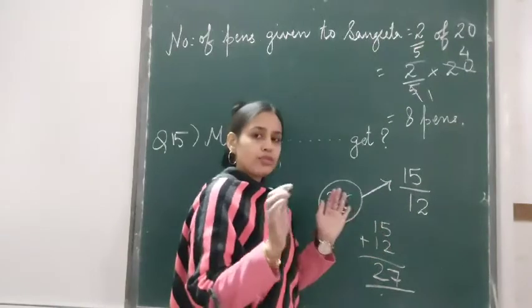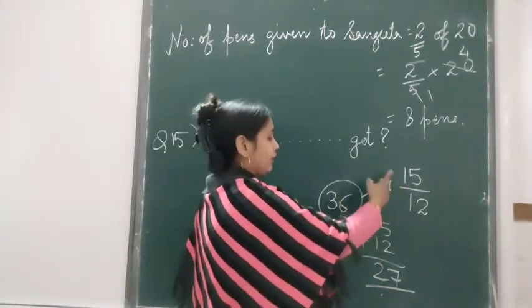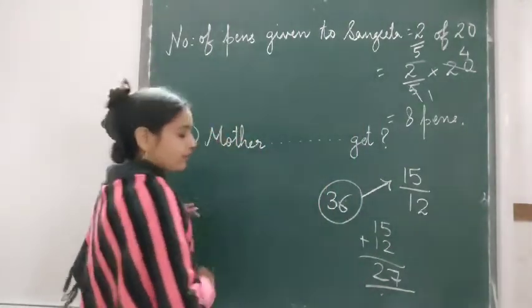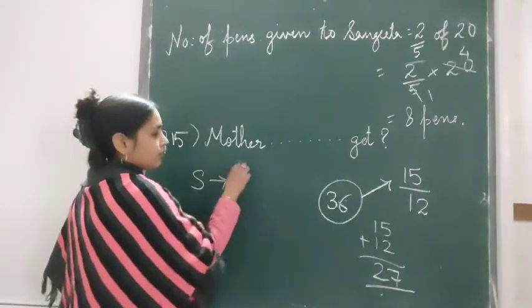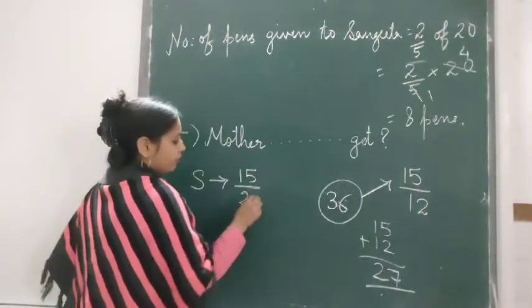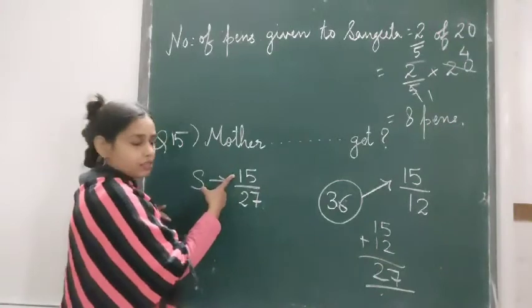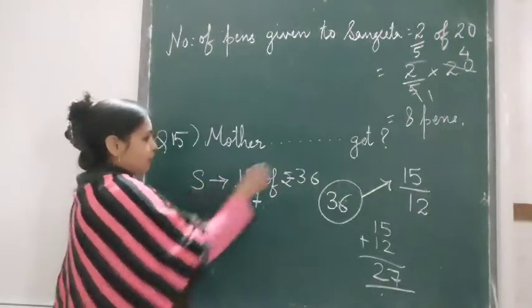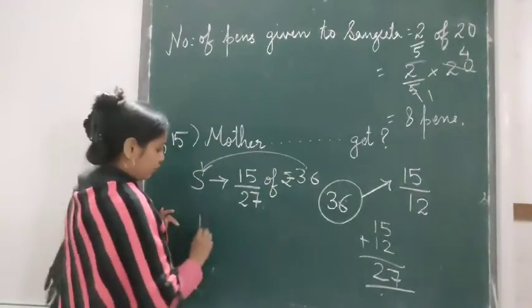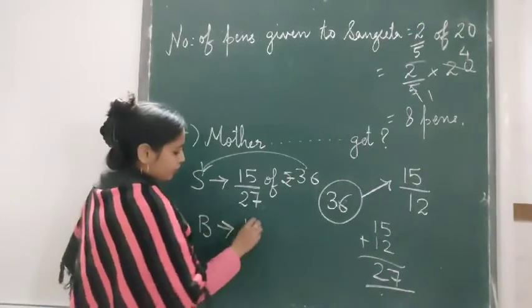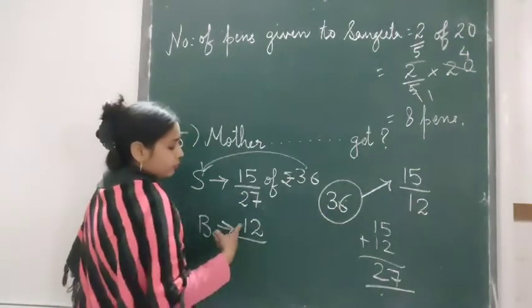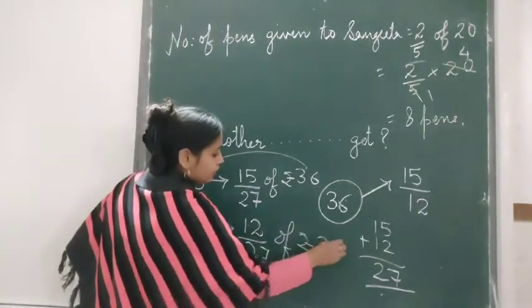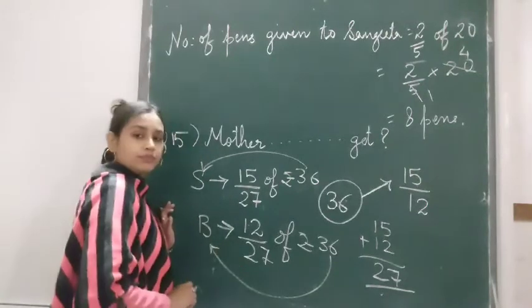Out of those 27 parts, 15 will be given to Shreya and 12 will be given to Bhumika. So out of 27, 15 parts of rupees 36 will be given to Shreya, and from 27, 12 parts of rupees 36 will be given to Bhumika.